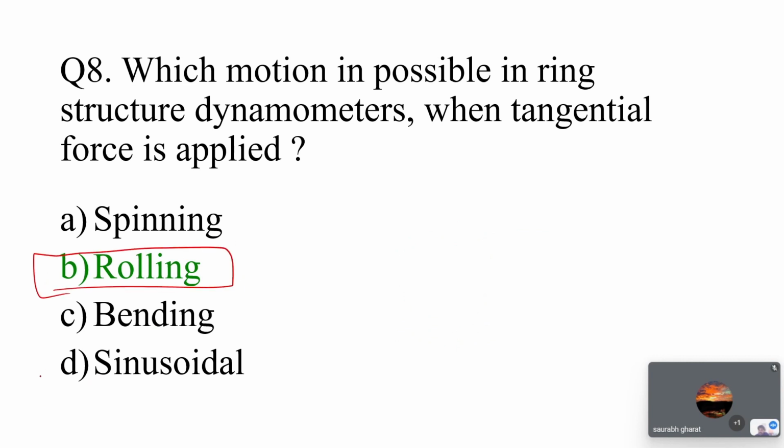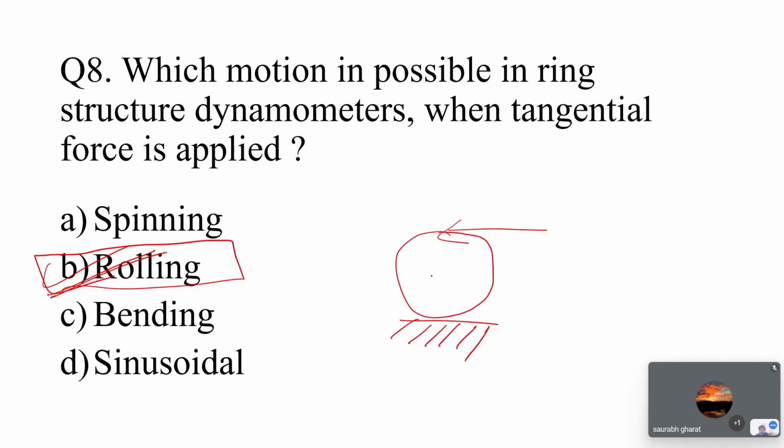In the ring kind of structure, due to tangential force, there may be chances of rolling over here. So when tangential force is applied, the motion possible in the ring structure dynamometer will be rolling. I show you here. It is the center. This can happen due to the tangential force.